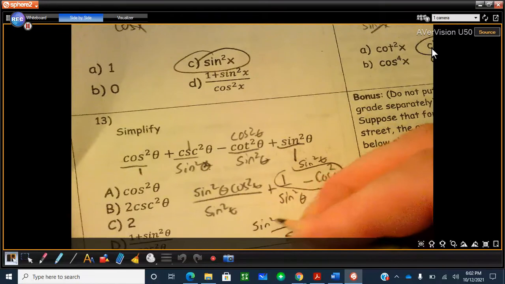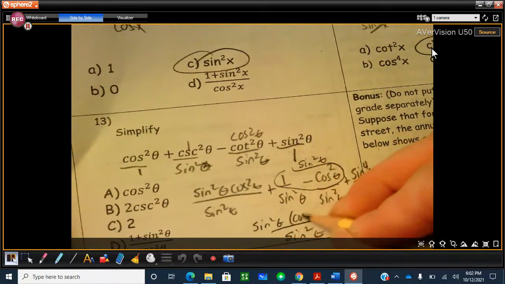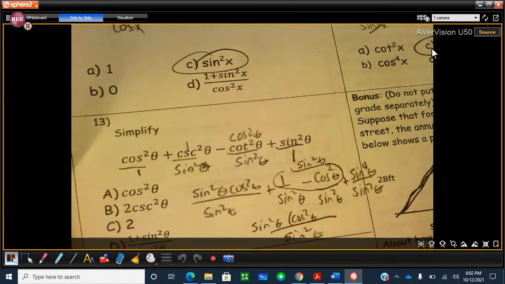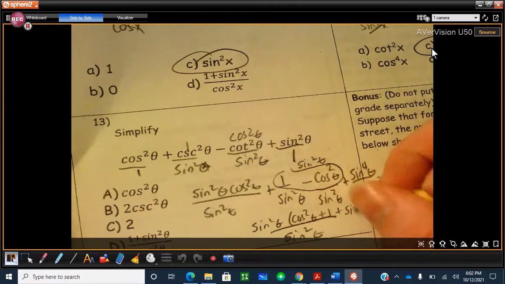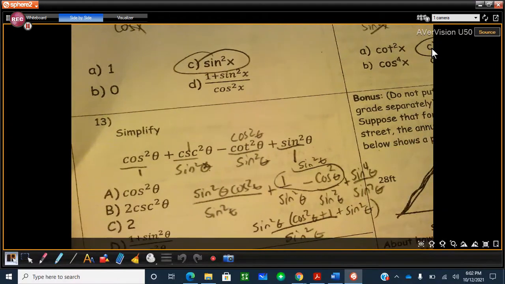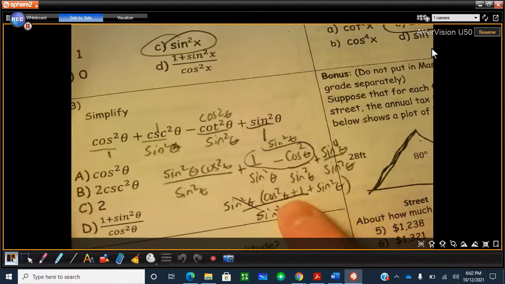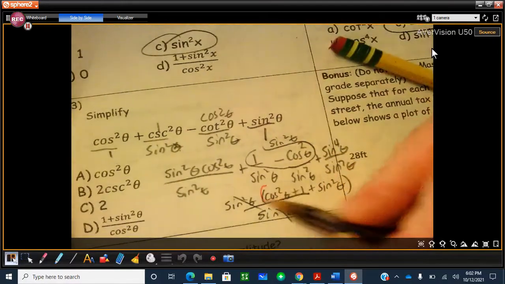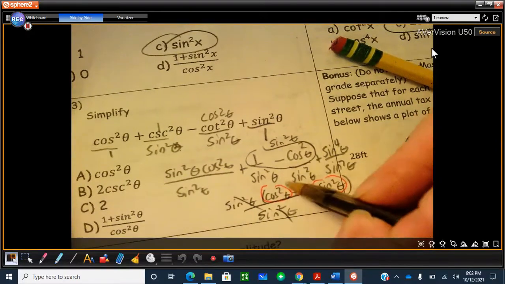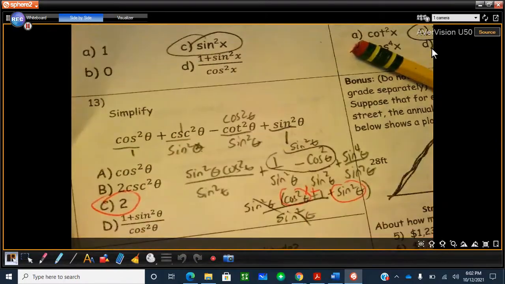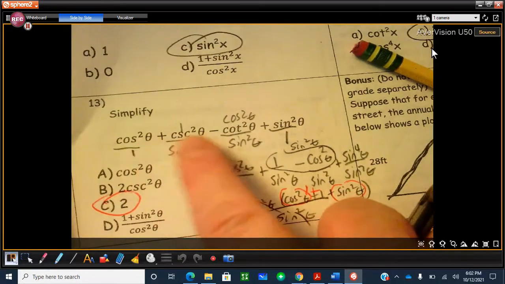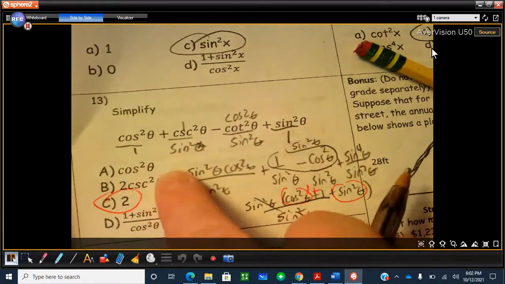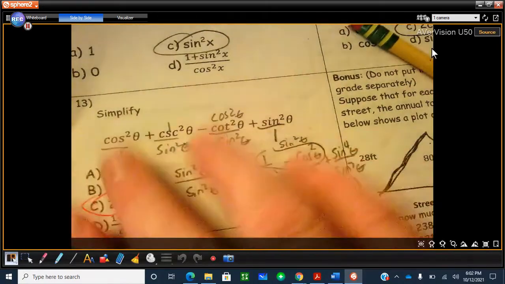So I say sine squared theta, and then what's left here is cosine squared theta. If I take sine squared theta out, I'm going to have plus 1 plus sine squared theta. These cancel. And now let's see what I got. Cosine squared theta plus sine squared theta, these two pieces right here, they are equal to 1. So 1 plus 1 is 2. Or you could put 20 in for your thetas, and find the one that matches. So you could do it either way.